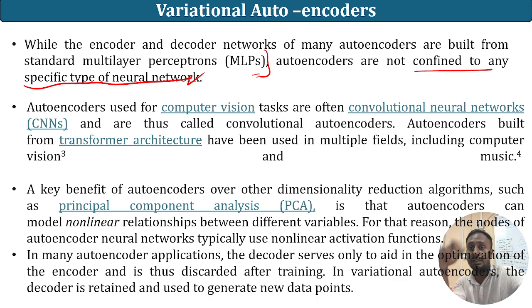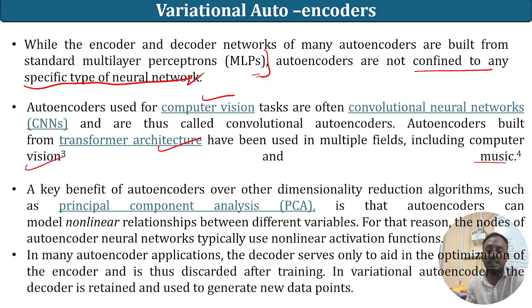Some others, like GANs, have specifics, like a CNN type or some other model. But for this, we don't have any specific model. Autoencoders used for computer vision use convolutional neural networks and are thus called convolutional autoencoders. Autoencoders built on that architecture are used in multiple fields, like computer vision and music.